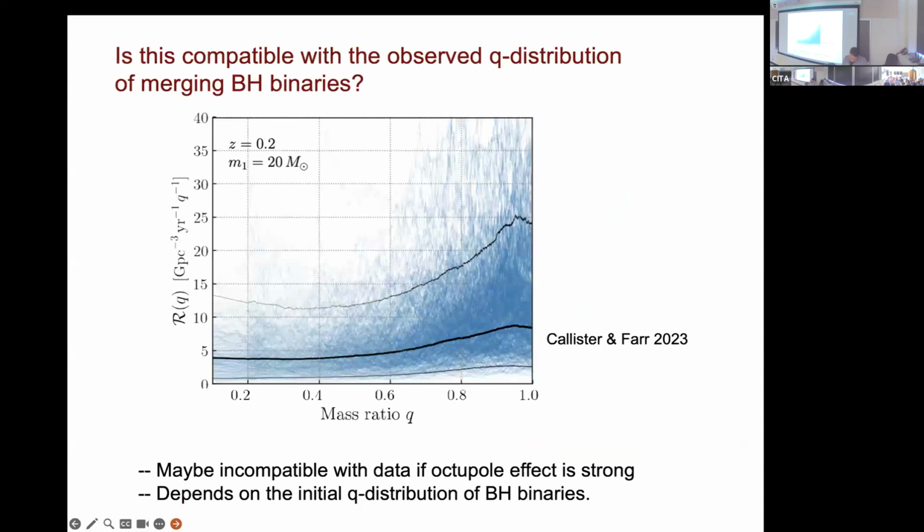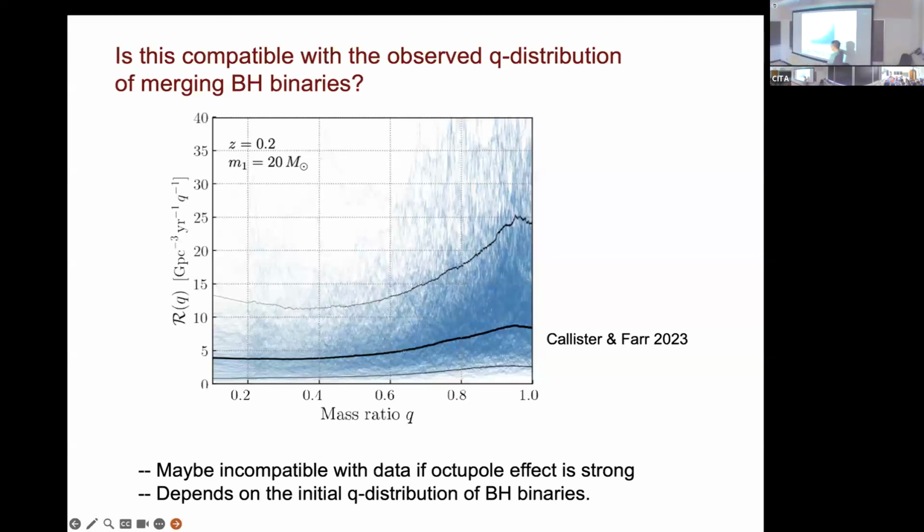Now, is this compatible with the observed mass ratio distribution of merging black hole binaries? Here is the current constraint based on O3 data. This is the mass ratio distribution, taking into account the detection bias, since you tend to detect equal-mass systems, with 90% error bars.